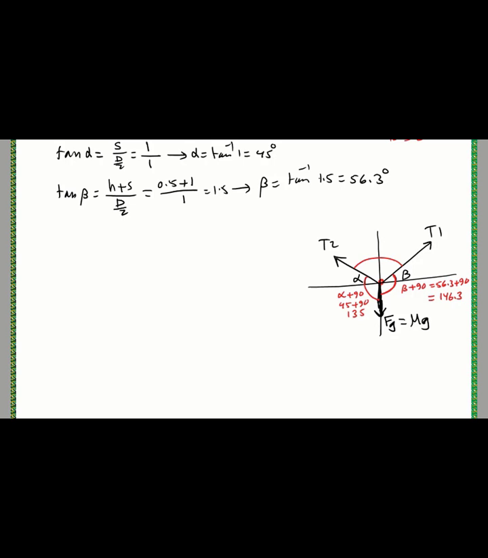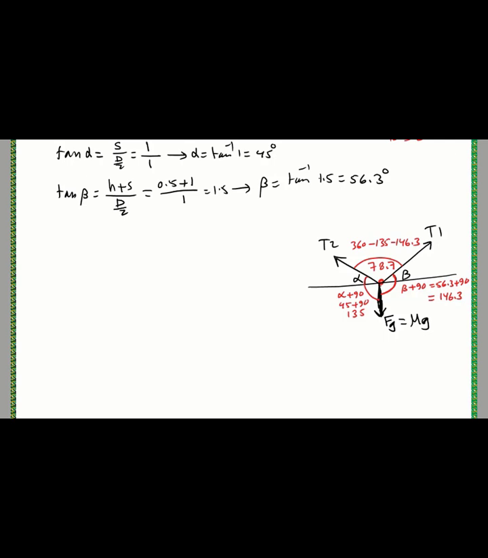So it is 360 minus 135 minus 146.3, because all of these three angles make one full circle. 360 minus 135 minus 146.3 is 78.7.